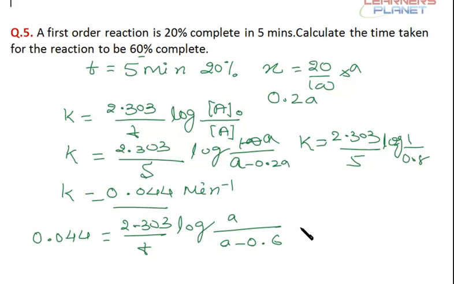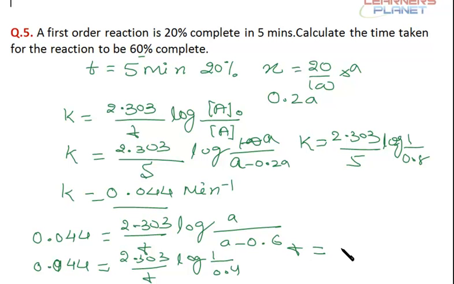Or it would be 1 by 0.4. So 0.044 is equal to 2.303 by T log of 1 by 0.4. Just solve this and you'll get the time as 20.5 minutes.